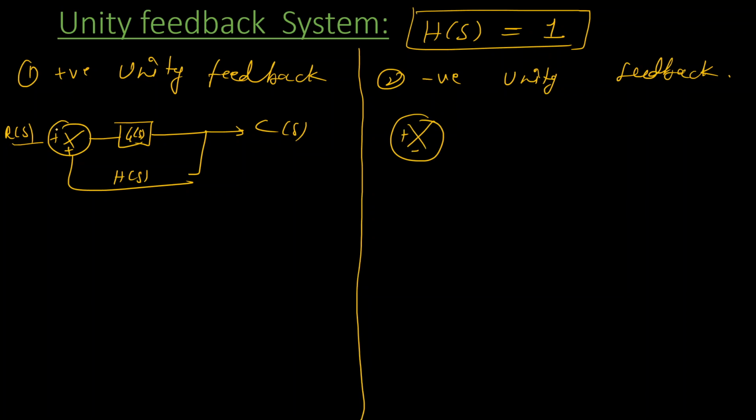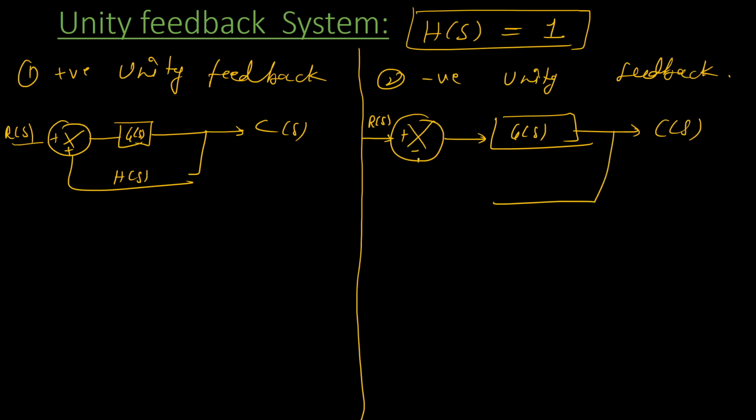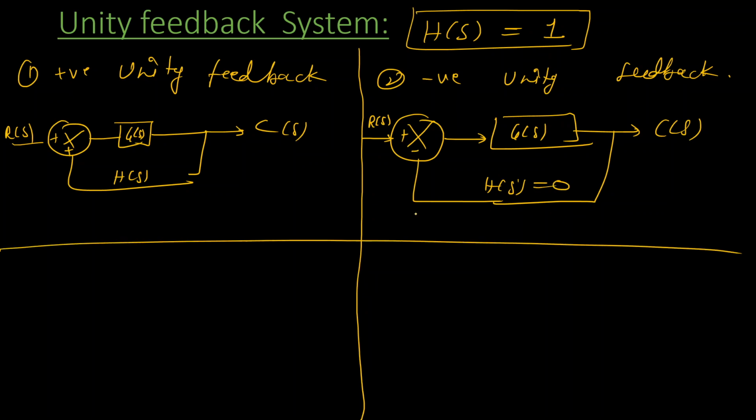In both the cases, this sign will be positive because here we are applying the input, that is RS, and this is our forward path gain, that is GS, and here we are getting output CS. This is our unity feedback, that is HS is equal to 1. So these are two types of unity feedback system, positive unity feedback and negative unity feedback.